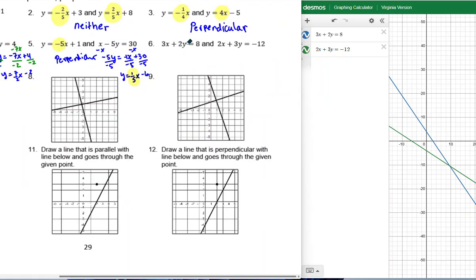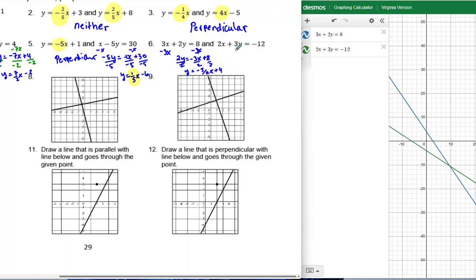Actually, let me just put these in slope-intercept form just so you have practice doing that. So you will subtract 3x on both sides. So this would be 2y equals negative 3x plus 8. And then divide by 2, divide by 2, divide by 2. So you have y equals negative 3/2x plus 4 for this one.